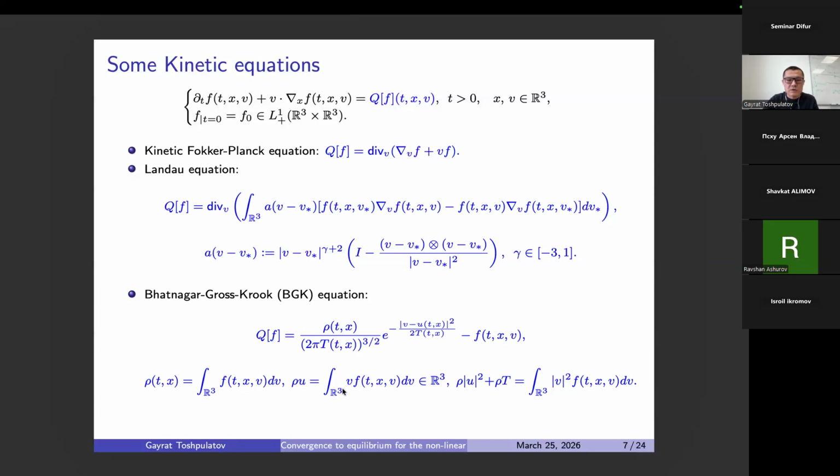So if we know rho, we can define u by using this formula. So we integrate f multiplied by v. There is also another function T. T is defined by this integral. And so this is a highly nonlinear model, and it's called, in short, the BGK equation.